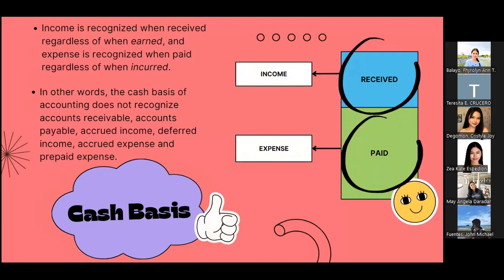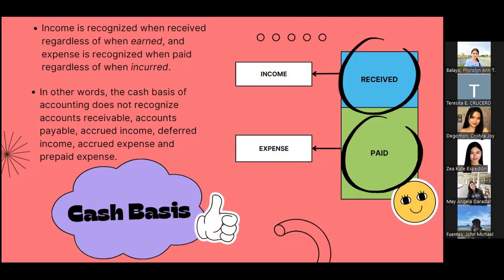Cash basis. In cash basis of accounting, income is recognized when received, regardless of when earned, and expense is recognized when paid, regardless of when incurred. In other words, the cash basis of accounting does not recognize accounts receivable, accounts payable, accrued income, deferred income, accrued expense, and prepaid expense.